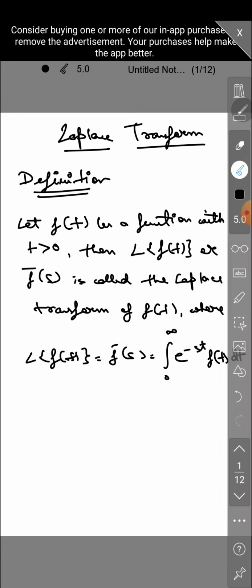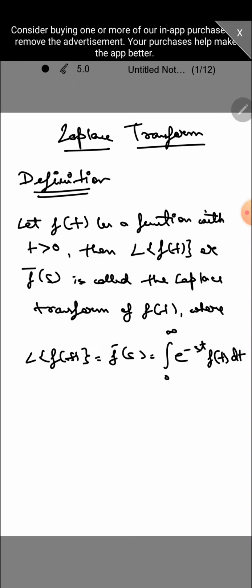Clear? Got it? e to the power minus st f(t) dt. Okay.